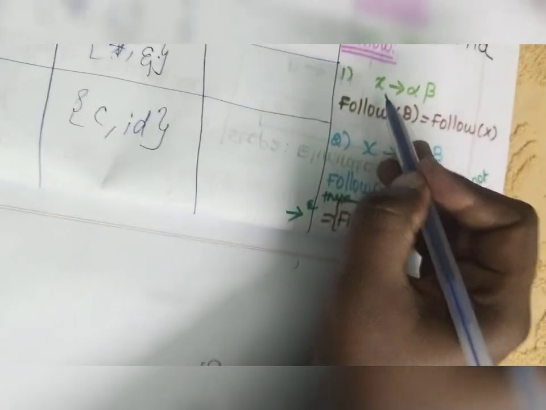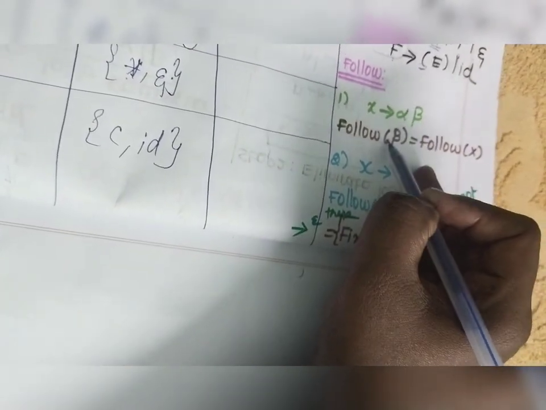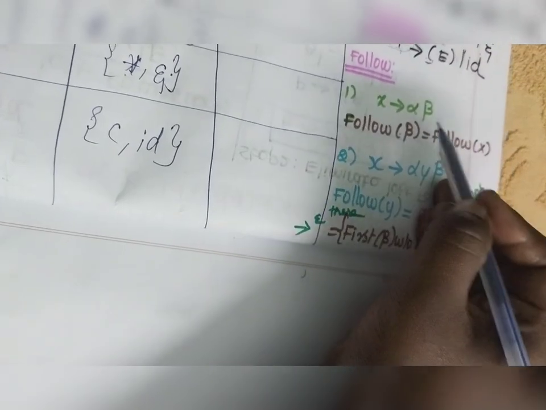What is the formula? X tends to alpha beta. If I want to find the follow of beta, beta is followed by nothing, so that may be epsilon.